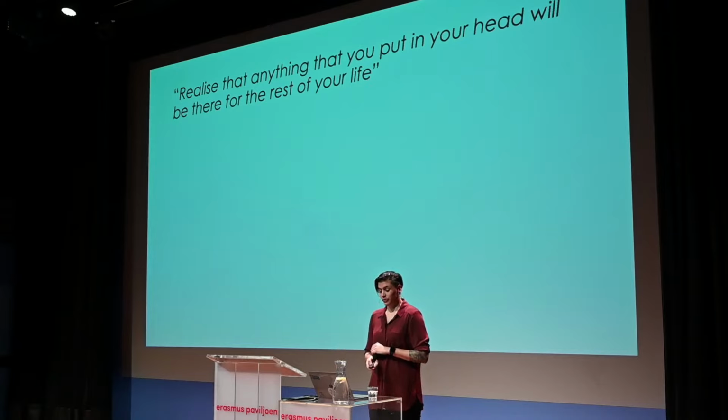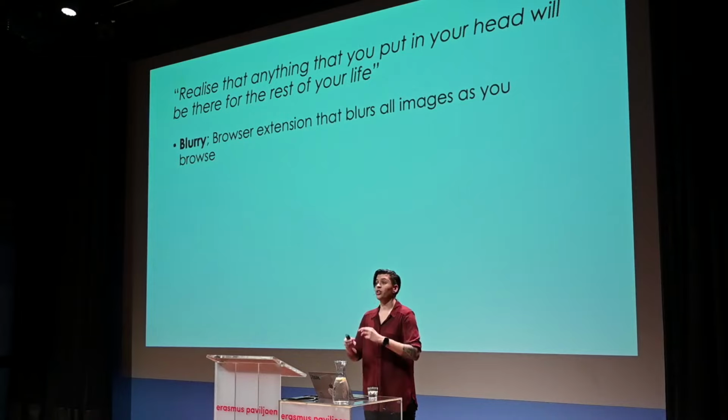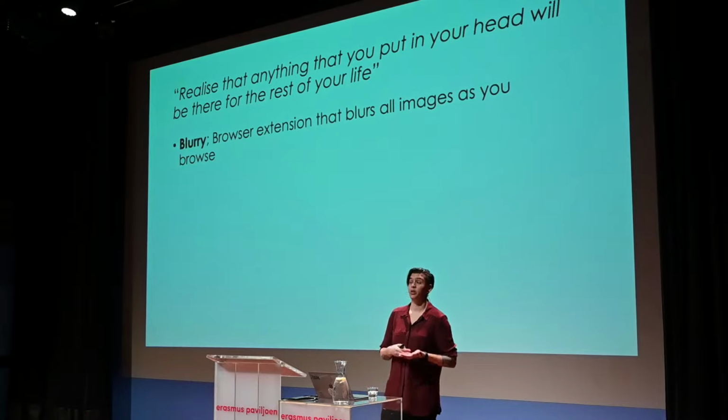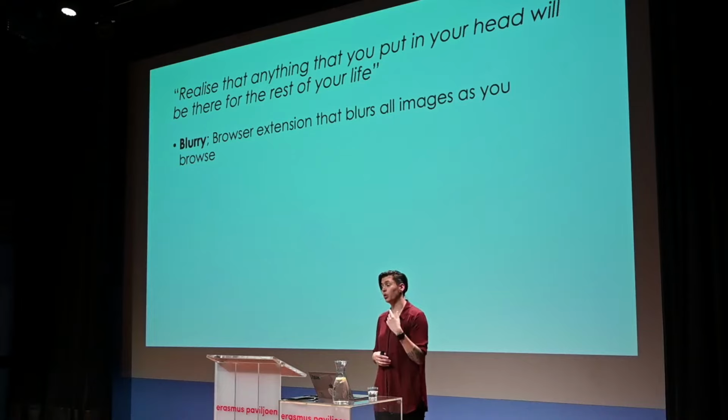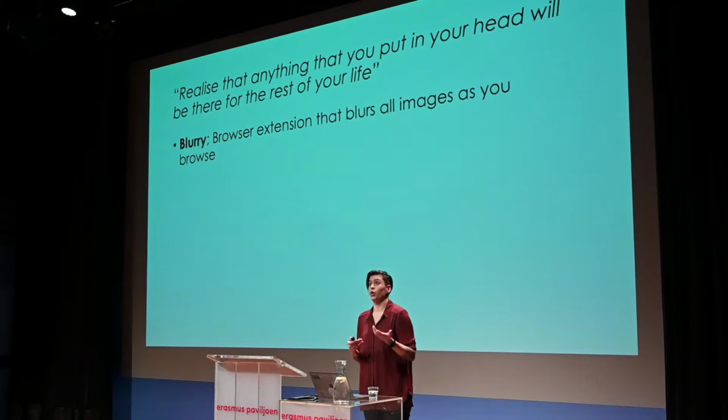So what you can do, there are extensions. One of them is called Blurry, and Blurry blurs all images on your browser. So if you scroll through Twitter or anything else, if you're not in the mood to look at those images, but you still want to read the text that are there, you can use Blurry and it will blur everything for you.